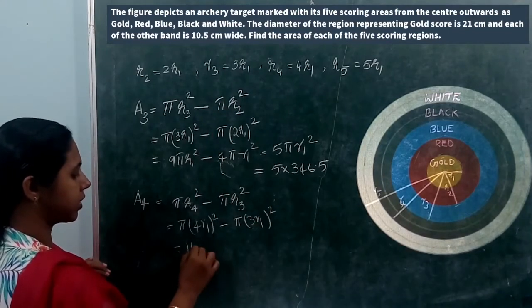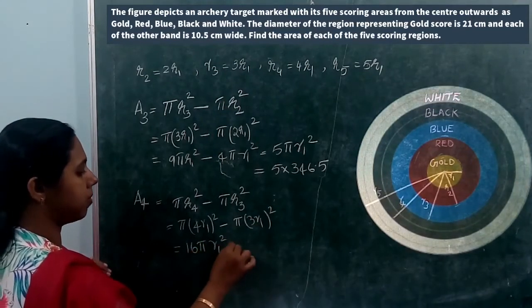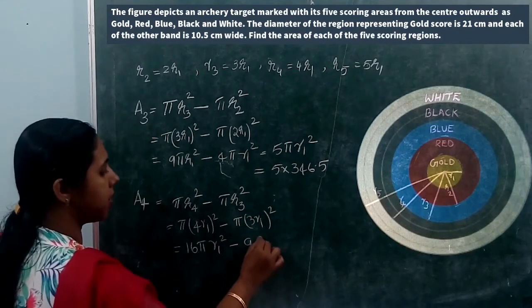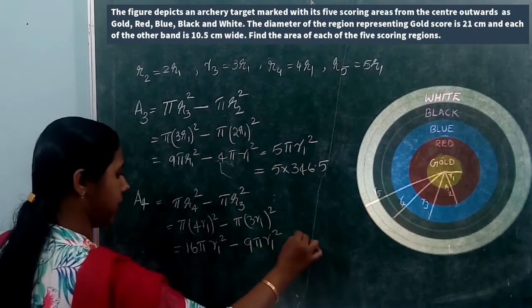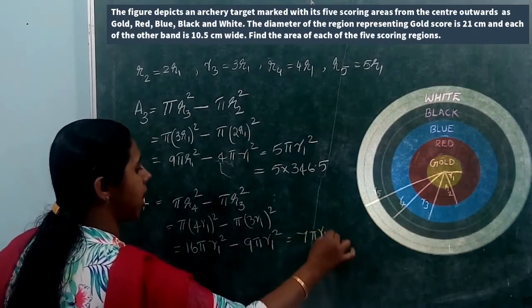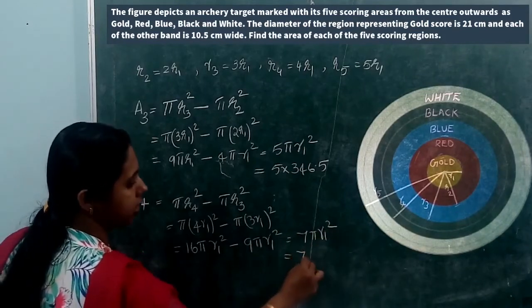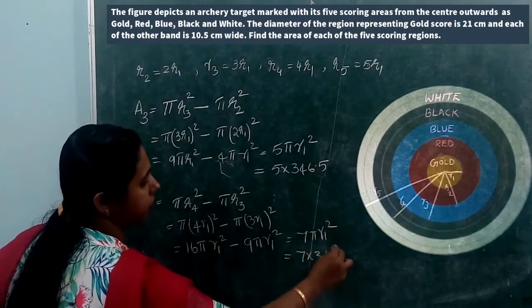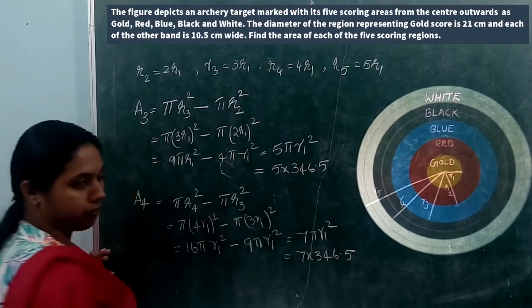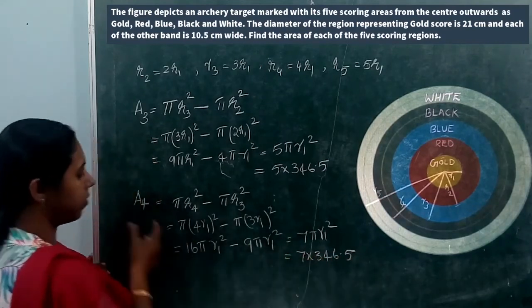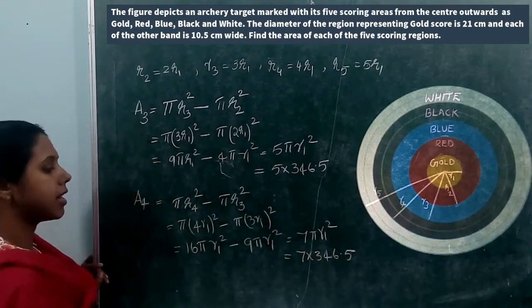So here it is 16 pi r1 square minus 9 pi r1 square, that is equal to 7 pi r1 square. That means 7 into 346.5. So when you multiply this, you will get the area of the fourth region.